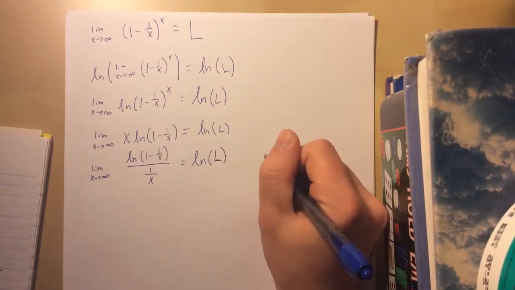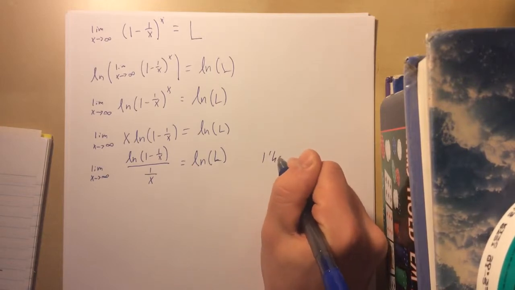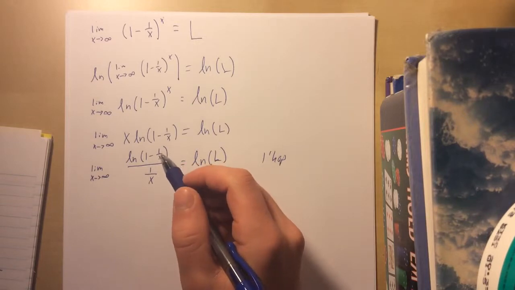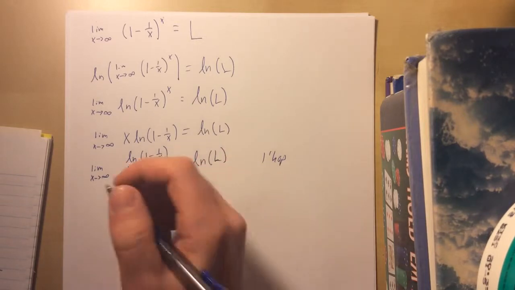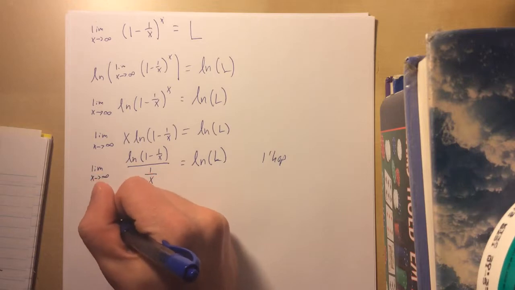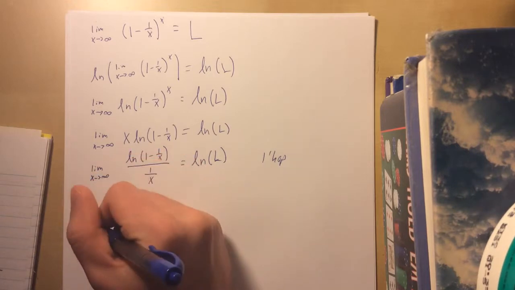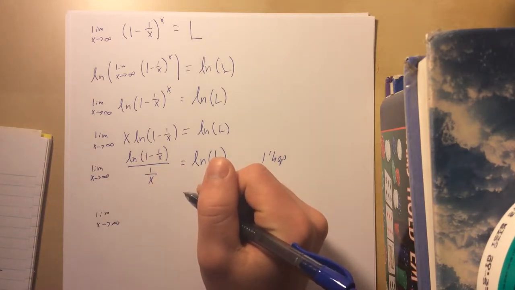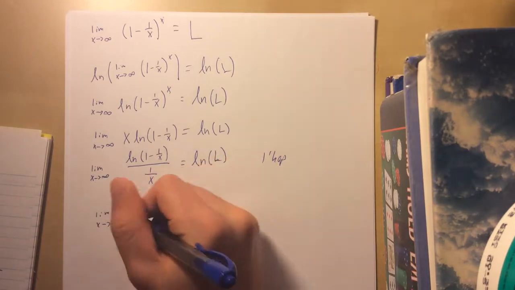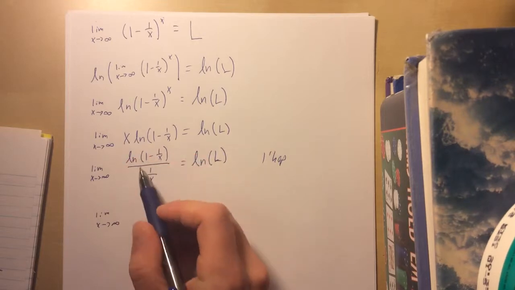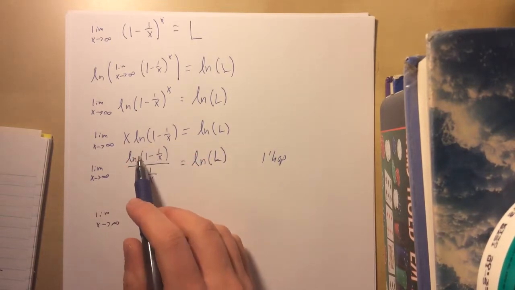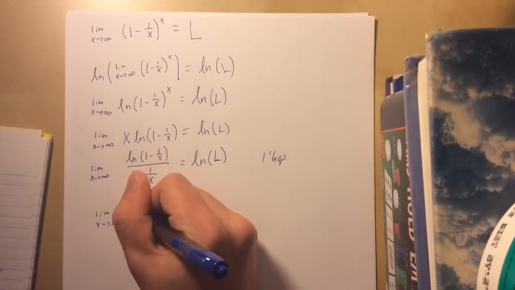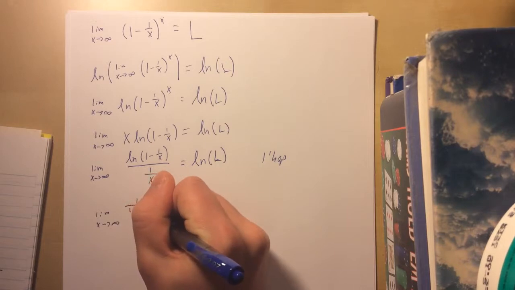So here we can write down that we're using L'Hopital's, and we take the derivative of log of (1 minus 1 over x). This is kind of a chain rule one. First we take the derivative of the log of something, which gives us 1 over that thing, so 1 over (1 minus 1 over x).